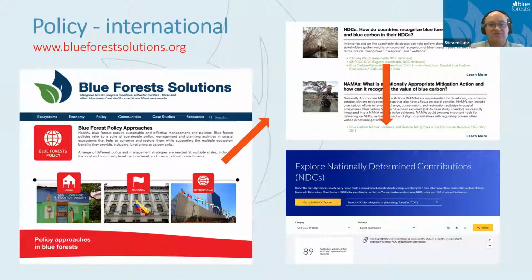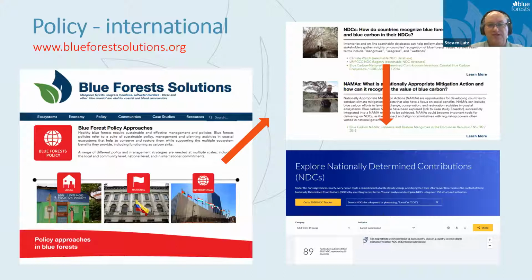The answer to this question involves inventories and online searchable databases that can help policymakers, researchers, and other stakeholders gather insights on countries' recognition of the climate mitigation and adaptation values for these ecosystems.